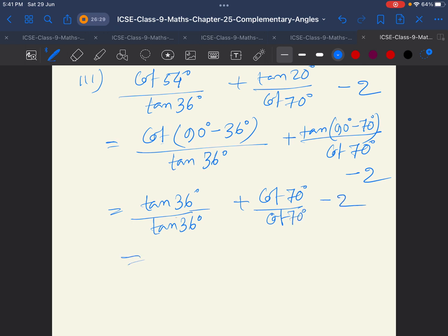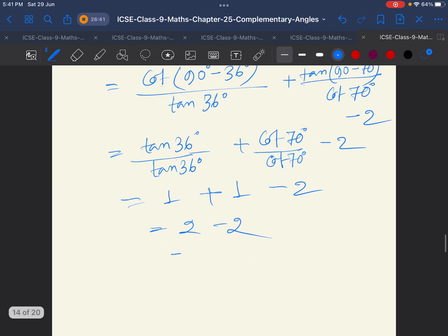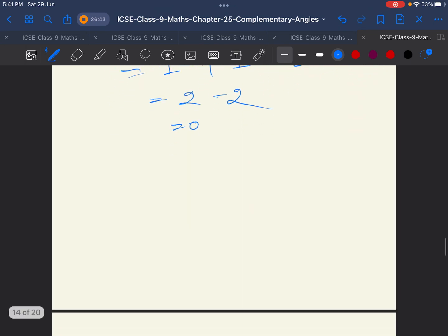So this is tan 36 by tan 36, plus cot 70 by cot 70, minus 2. So that is 1 plus 1 minus 2, which equals 0.